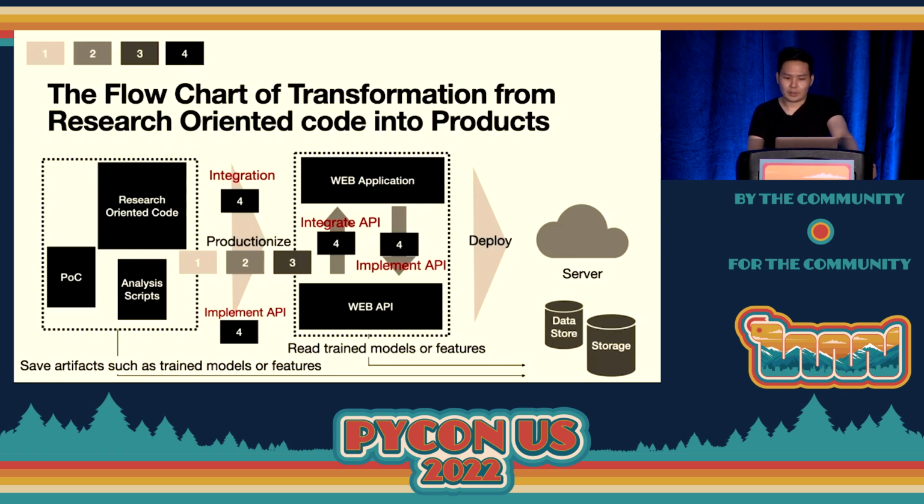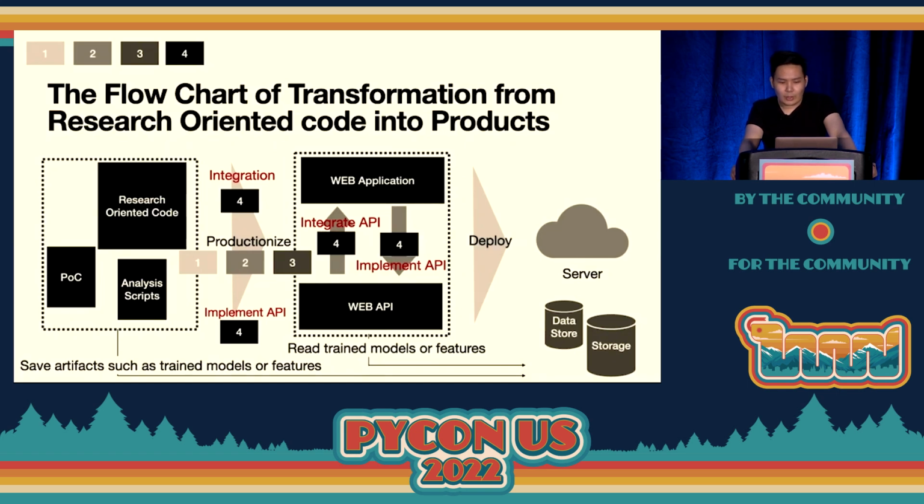There are four patterns of transformation from research-oriented code into products. One is that the model or the calculation code extracted from the research-oriented code is directly integrated into a web application. The second is that we can implement an API based on the research-oriented code.